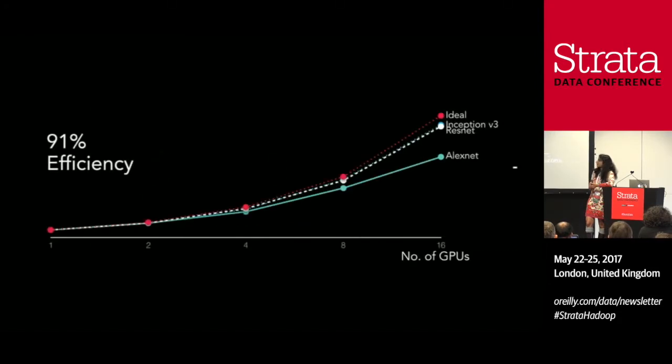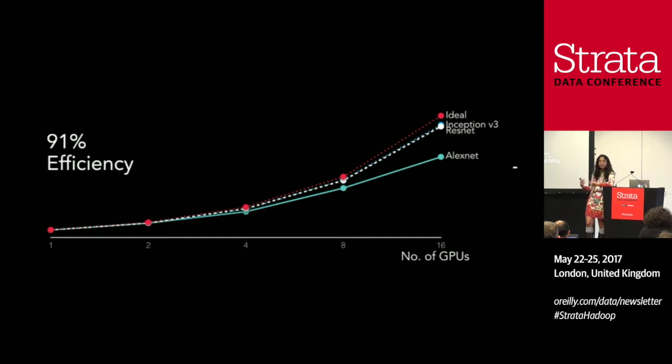So what we see is on the 16x large instance, we get up to 91% efficiency for state-of-the-art networks such as the ResNet and the Inception v3. What I've shown here is I'm doubling the number of GPUs, going from 1 GPU to 2 and 4 and so on. The ideal plot is you expect the throughput to double.